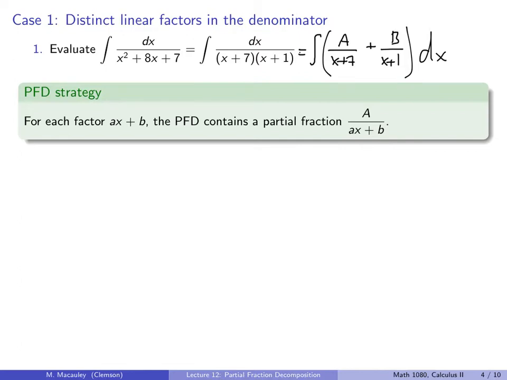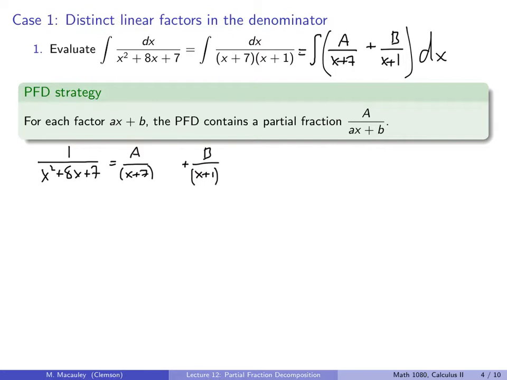So basically we want to figure out how to write this fraction, 1 over x squared plus 8x plus 7, as a over x plus 7 plus b over x plus 1. Now I left a little room because we want to solve for a and b, so let's make each of these terms have the same denominator as this.